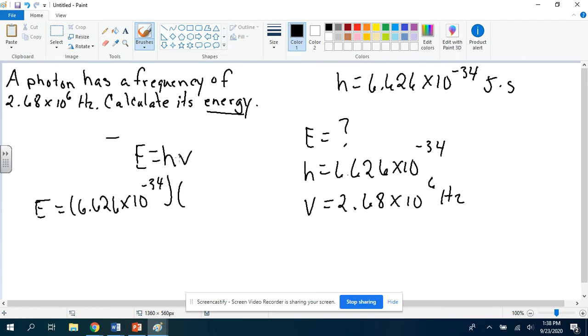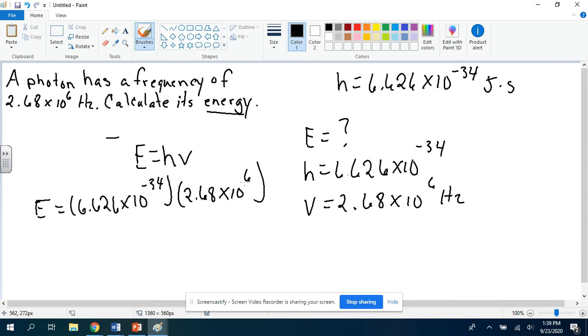And then for v, 2.68 times 10 to the 6. All right, so again, I would put these in your calculator. Make sure that you can not only do them, but put them in your calculator correctly. So 6.626 EE negative 34 times 2.68 EE to the 6.